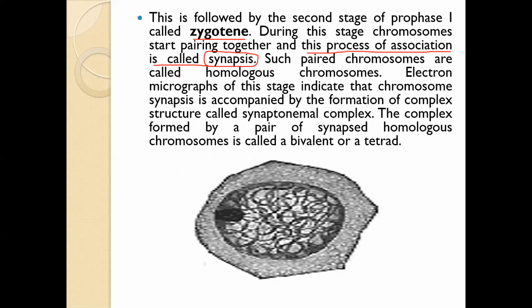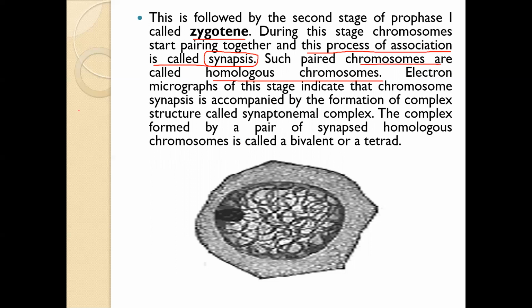That is the pairing of homologous chromosomes. Because of this pairing, the chromosomes need to come closer. This particular pairing is termed synapsis. Such paired chromosomes are also called homologous chromosomes.